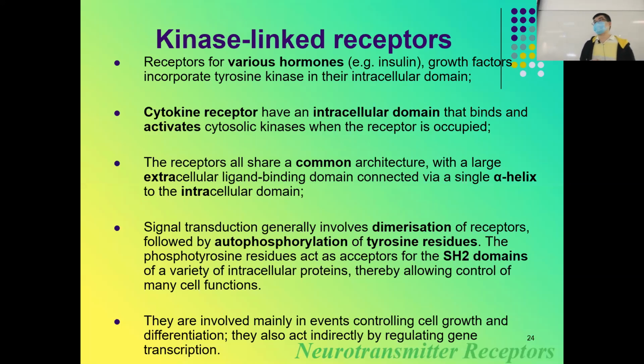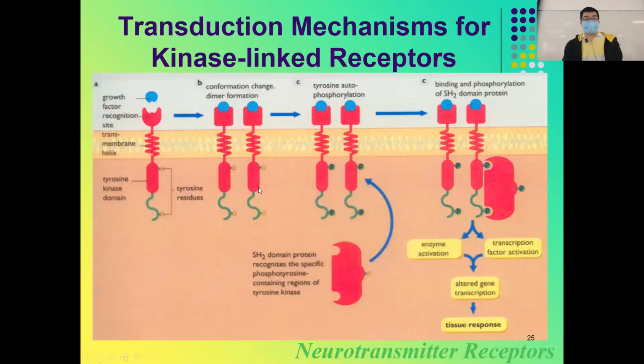In the neurons, particularly, there will be support for survival, and also for differentiation, for example neurite outgrowth, or helping to form additional synapses and so on. Here's one example of growth factors. There is the recognition site, the transmembrane helix, and then the tyrosine kinase domain, and there are some tyrosines over there.